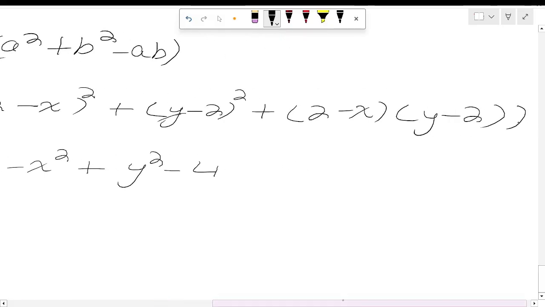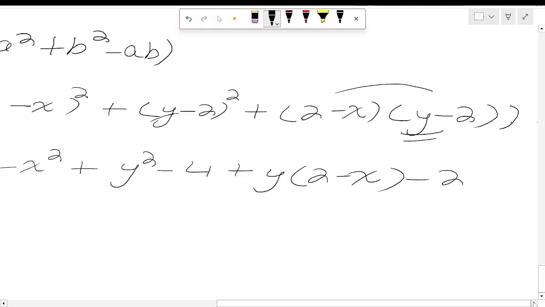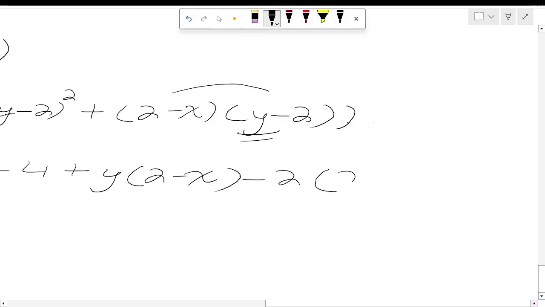Then we will add, now these two terms will be multiplied with each other. So how can we do that? First we'll write y. So I'll write y bracket 2 minus x and then subtract it from 2, and then I'll write 2 minus x.